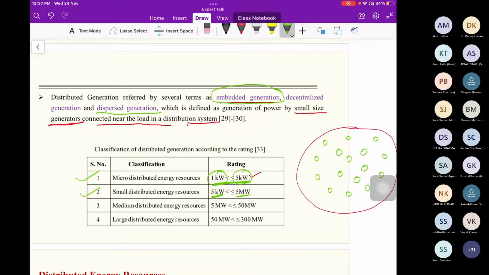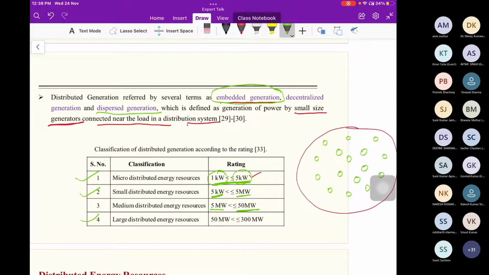The medium distributed energy resources are in the range of 5 kilowatts to 5 megawatts. In this case, private entities will install some units of wind or solar. And large systems are very few, above 5 megawatts up to 300 megawatts.